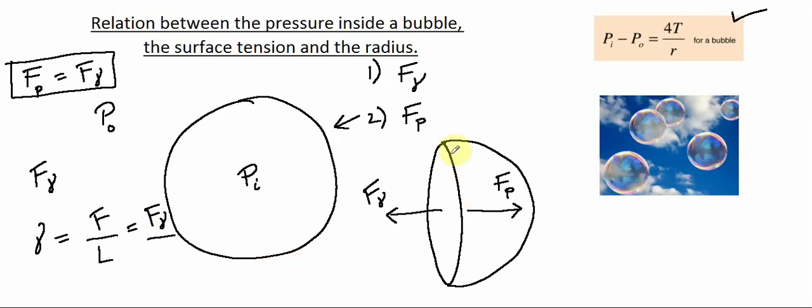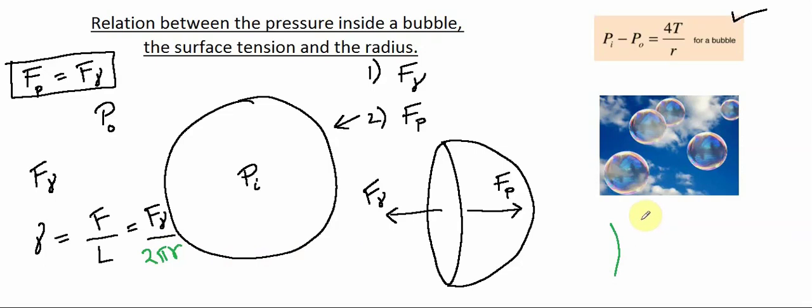Now the total length is the length of this circumference. By the way, this is a three-dimensional picture, so you may assume this is towards you and this is away from you. So the total length is 2 pi r multiplied by 2, because the film with which the bubble is made has two layers, two surfaces, sorry. So there are two interfaces, two liquid-air interfaces.